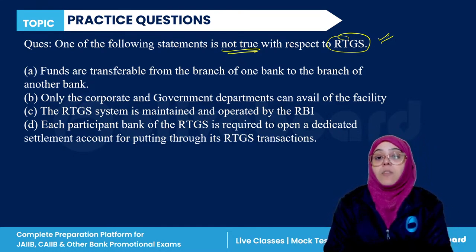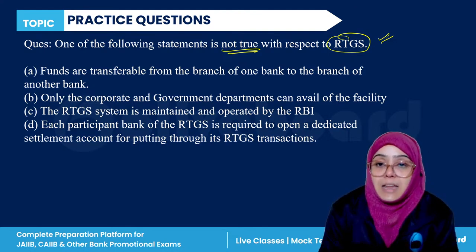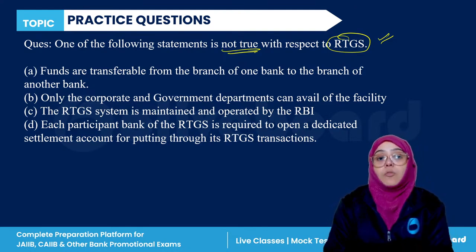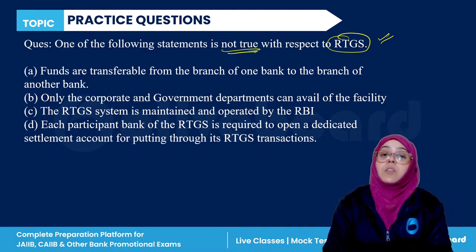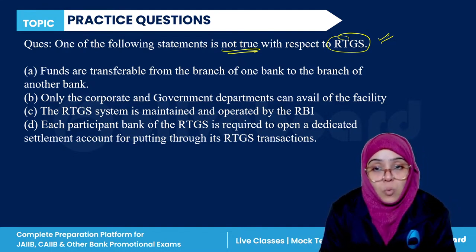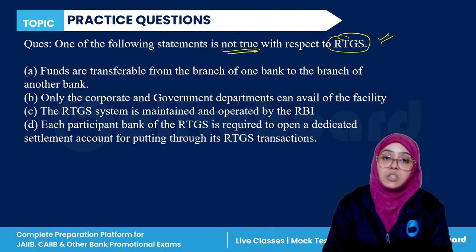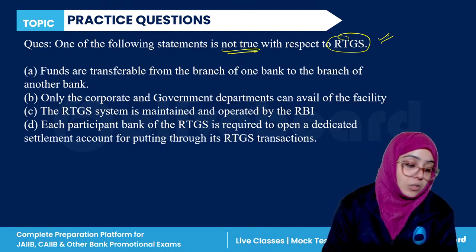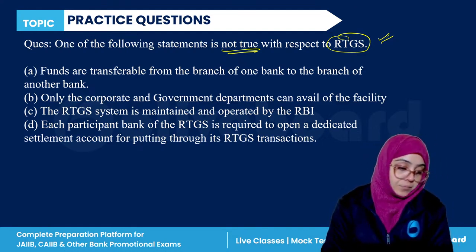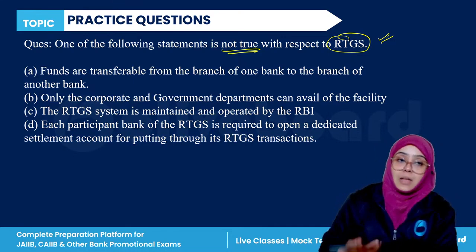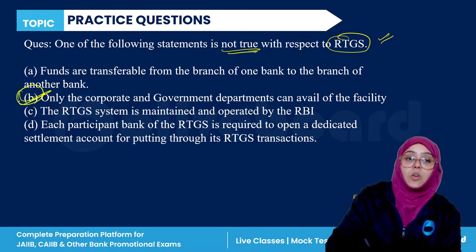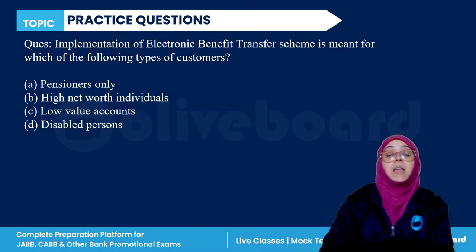Every participant bank of RTGS is required to open a dedicated settlement account for putting through its RTGS transactions. Which of the following statements is not true? Yes, B is the correct answer. This is not true.